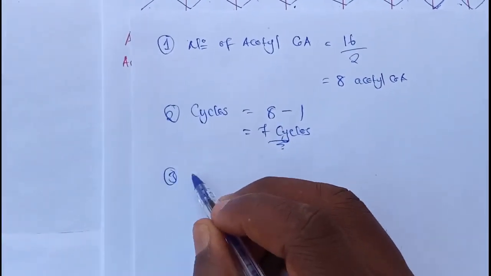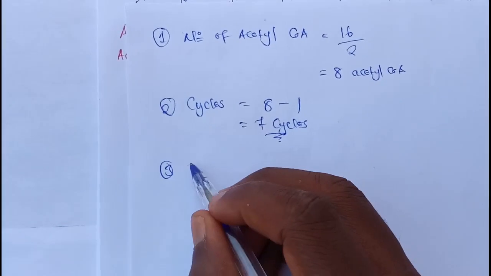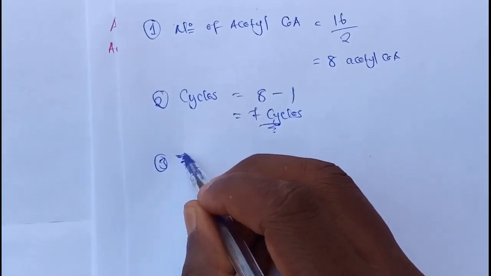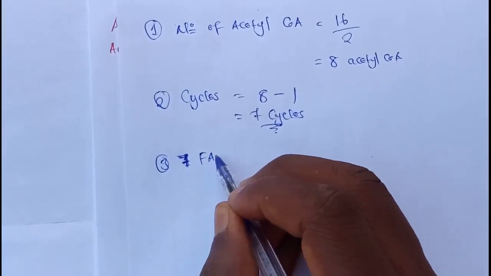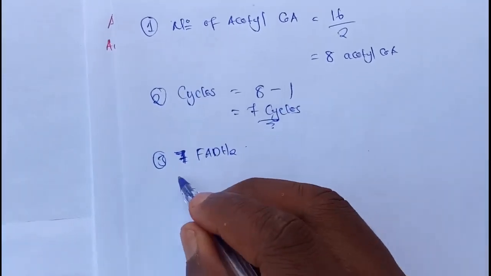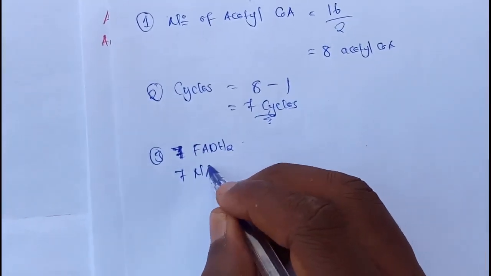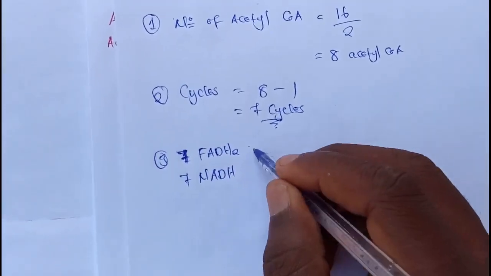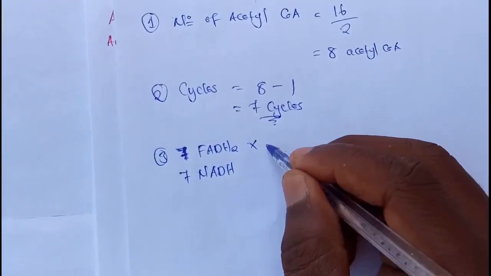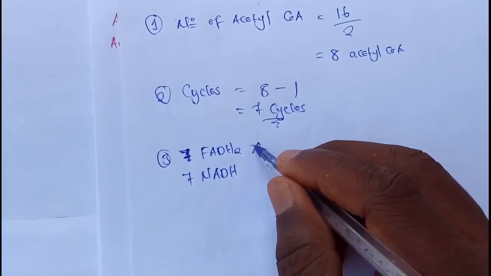Step 3, we find the number of NADH. So we'll have 7 FADH2 and 7 NADH. If we have 7 FADH2 and 7 NADH, we can convert them into ATPs.